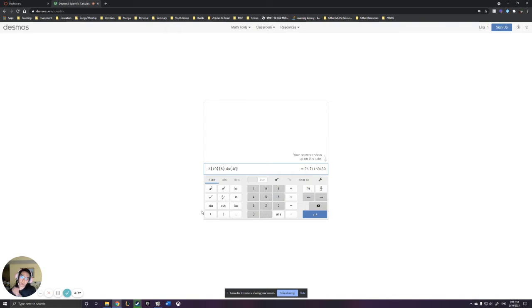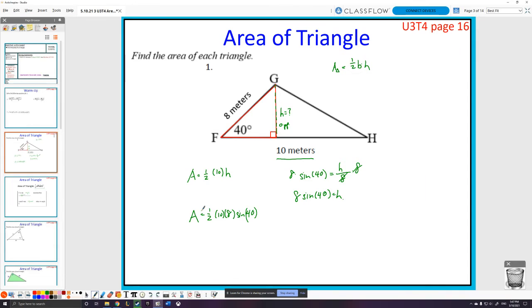I have this value of 25.7. I don't know why I forgot it. 25.7 meters squared, because we are talking about area, so it's going to be squared.